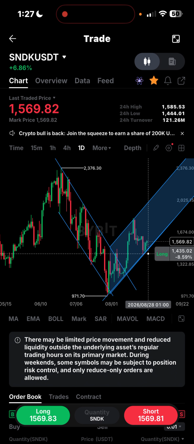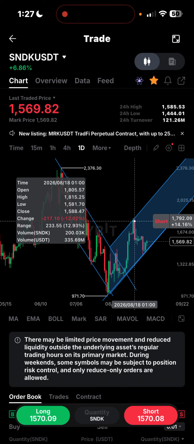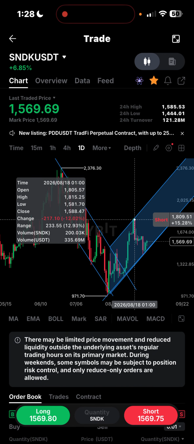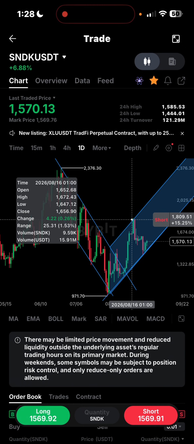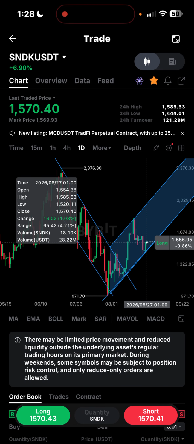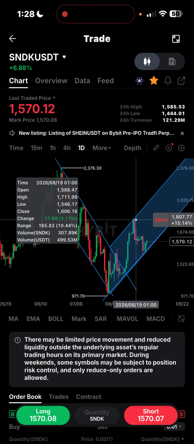So now you can buy from this support trend line because we are expecting the price to go and break above this previous higher high. So this is 1814. If you can buy from 1570 and sell at 1821, that's a good profit.